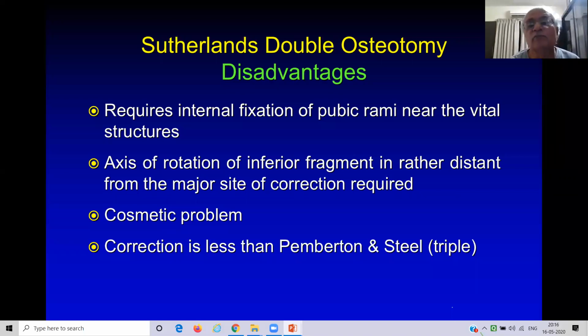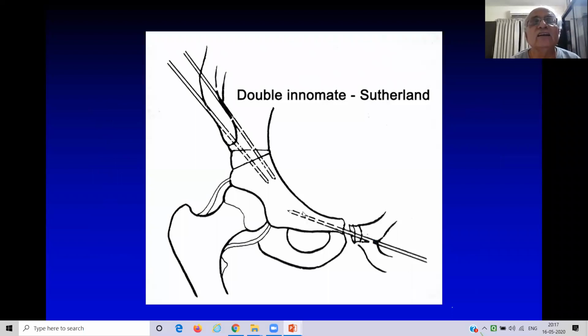That's why people started doing a triple osteotomy instead of double. So this is double osteotomy, Sutherland. Salter is this, and we take out the segment from near the symphysis, 1 centimeter, and that's why it becomes a little ugly here, especially in the female. They don't tolerate this osteotomy. So this is one example of a double osteotomy.